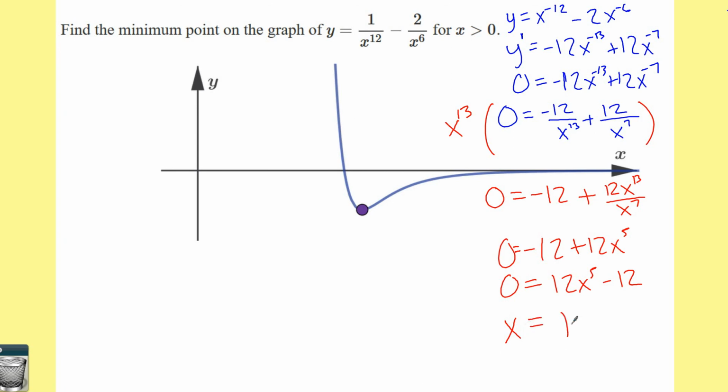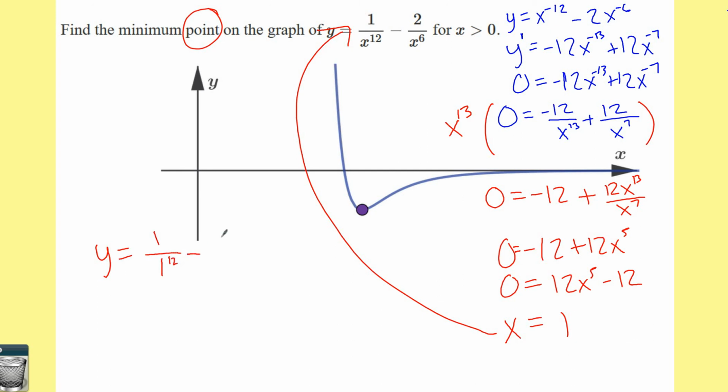So x is 1 in this case, but we want to find the point, so we're going to plug it back in. So we get y equals 1 over 1 to the 12th minus 2 over 1 to the 6th. So basically 1 minus 2 gets us -1.